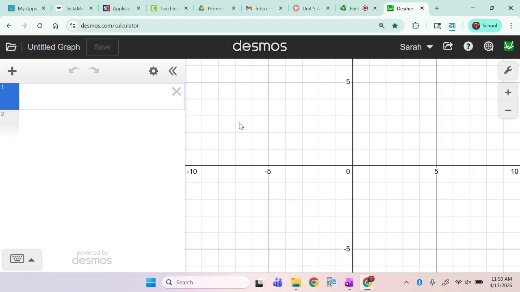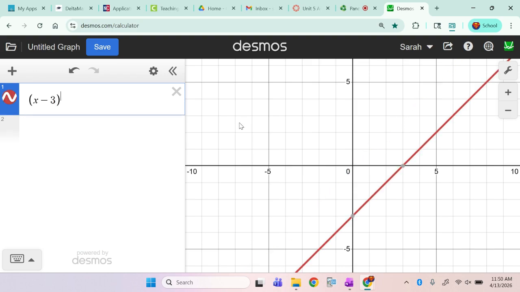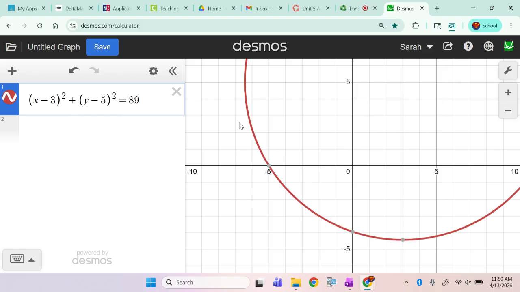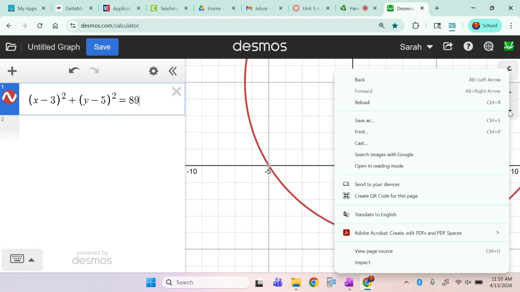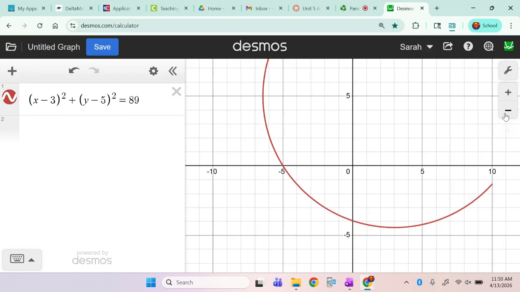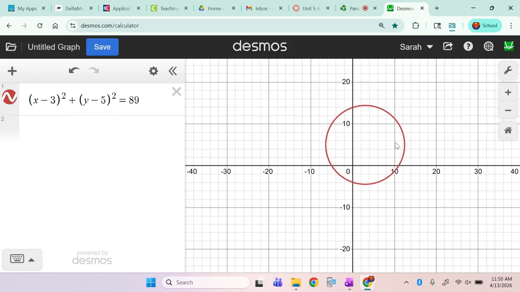If I type in that equation that we just came up with, we should get the exact same circle. So I have x minus 3 squared plus y minus 5 squared is equal to 89. And I did, in fact, get that circle.